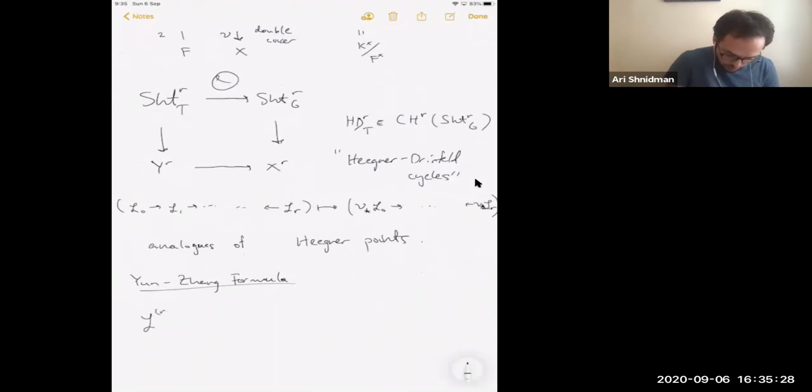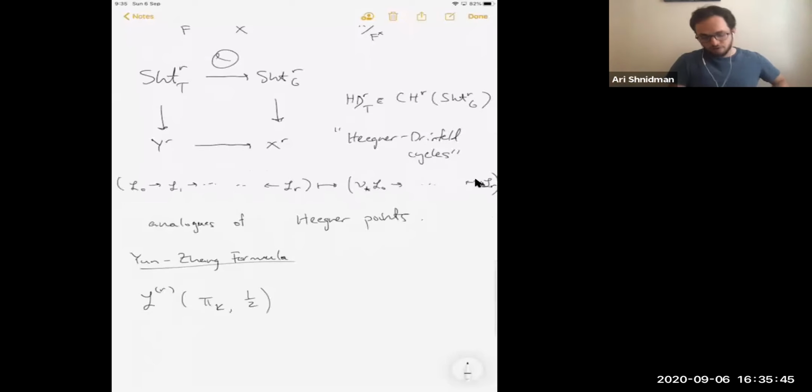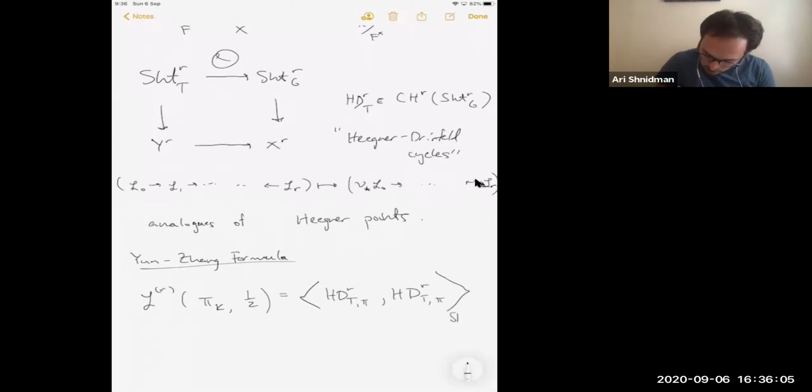They give a formula for the rth derivative of pi, well actually not pi itself, but the base change of pi to K. Pi was an automorphic representation of PGL2 over F. You base change it to an automorphic representation of PGL2 over K, and they give a special formula for the rth derivative of that base change L function, and it's the intersection of the Heegner-Drinfeld cycle with itself. Well, it has to have something to do with pi. So you look at the pi component, HD_{T,pi}, of the Heegner-Drinfeld cycle, and you have the intersection take place in the larger stack Shtuka^R G.